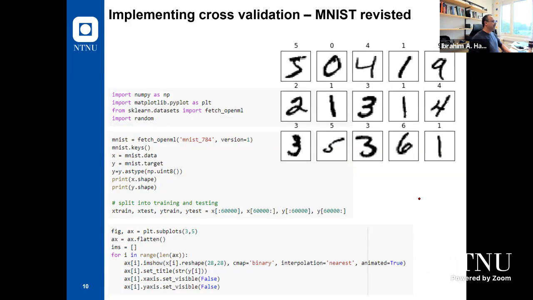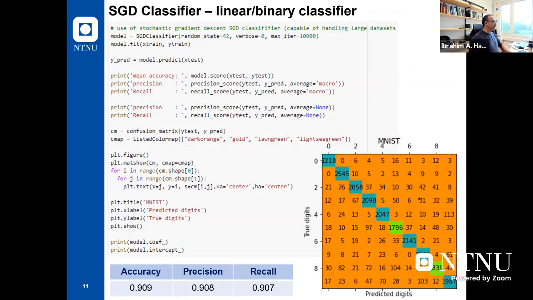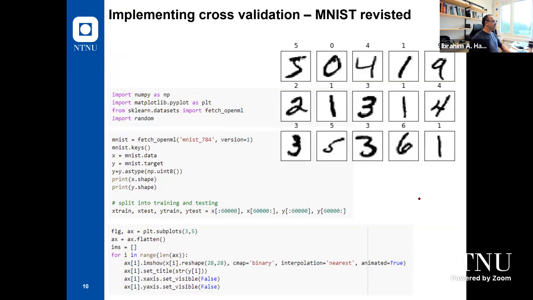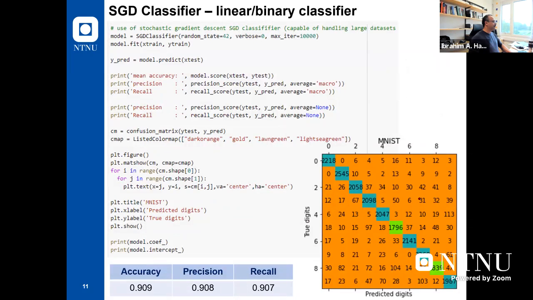I guess we will end with this example. It's a cross validation for MNIST data set. I just implemented here cross validation, and it's a stochastic gradient descent classifier.